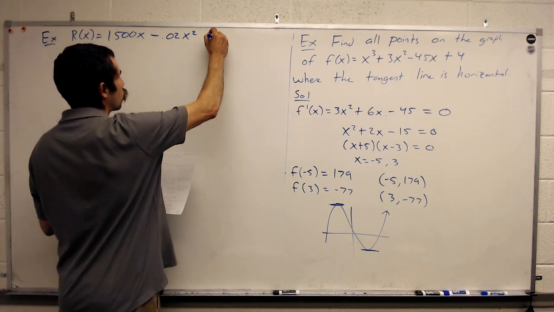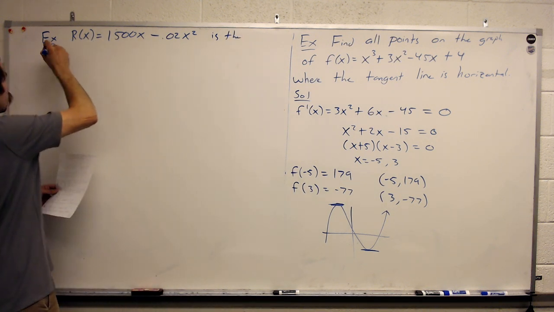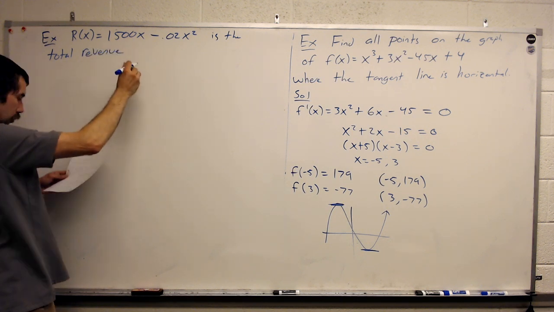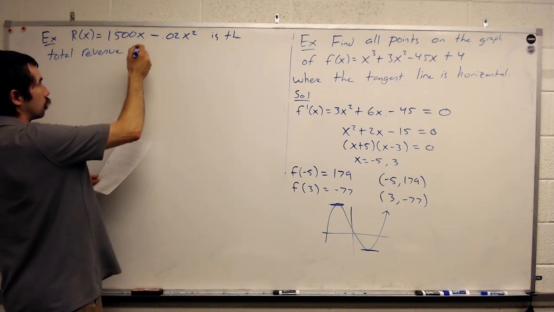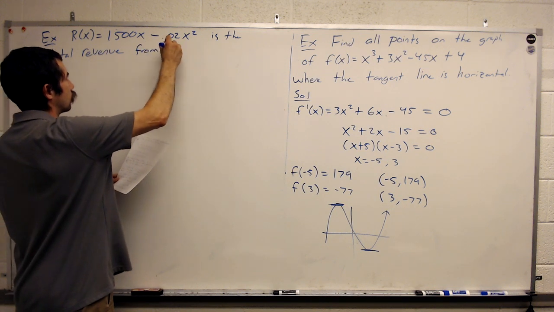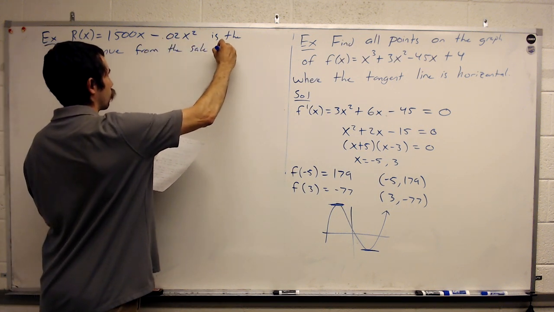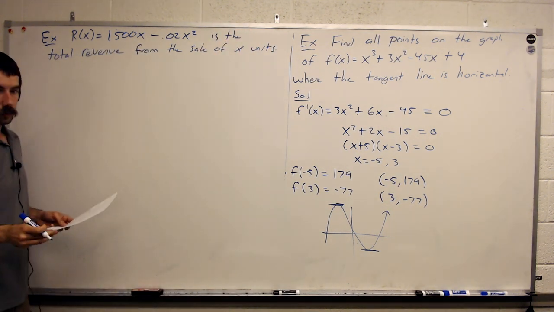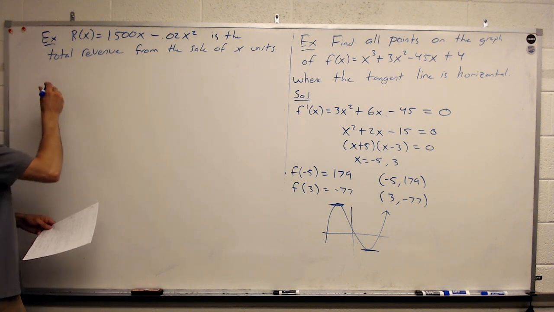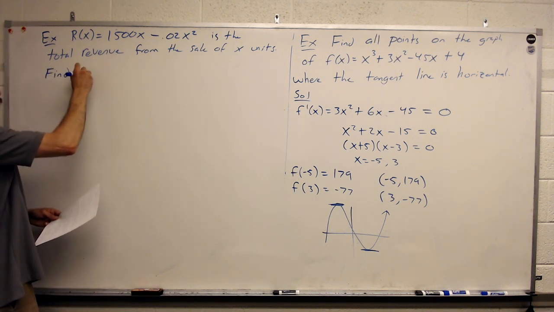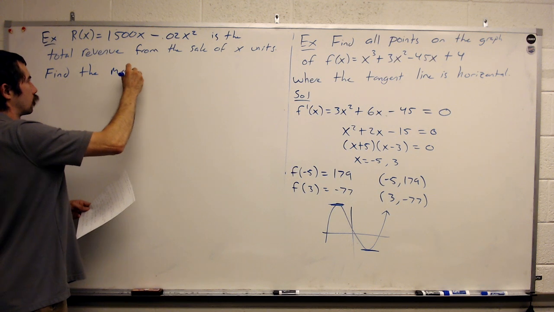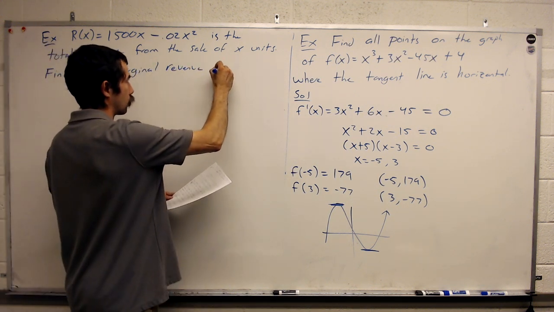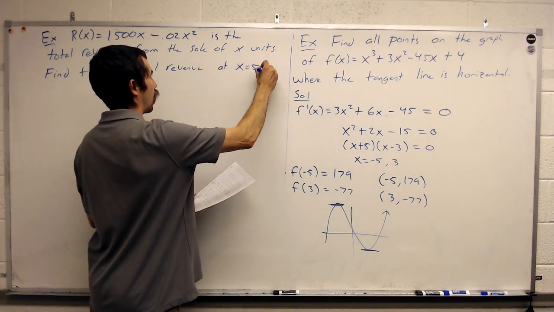So this is the total revenue from the sale of x units. What I want us to do is find the marginal revenue at x equals 500.